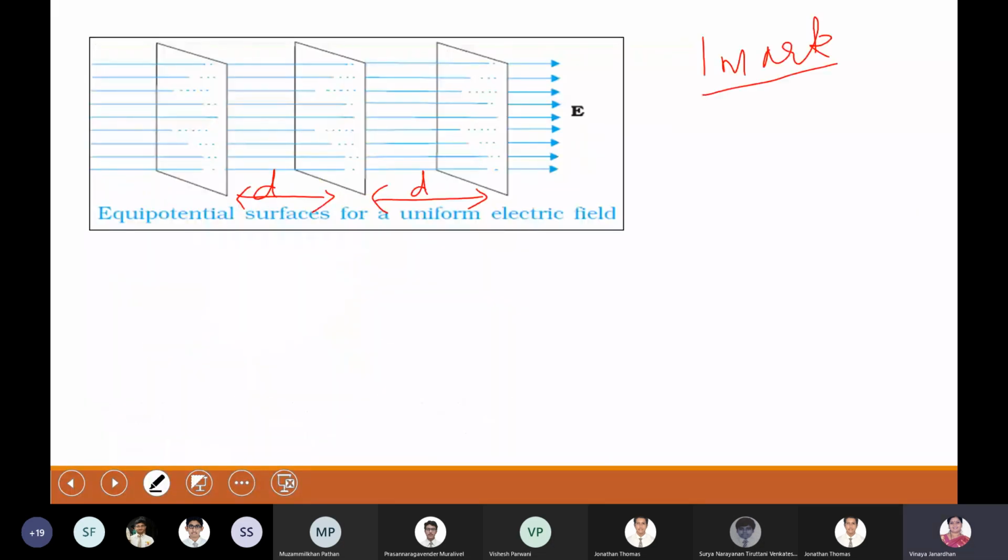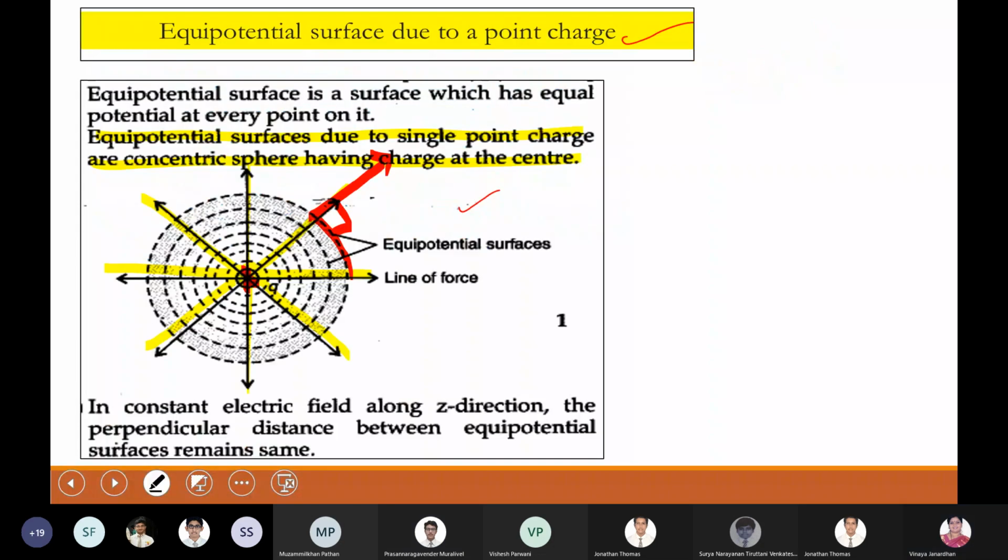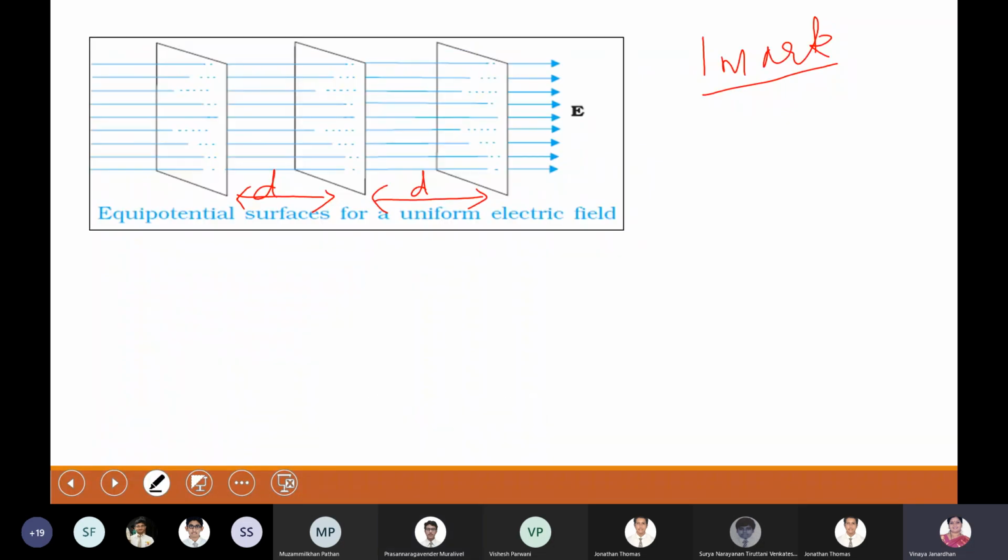This is equipotential surfaces for a uniform electric field. Ma'am, can you show the previous line? Can I complete this? Because it's taking so much time. Yes, ma'am. Equipotential surfaces for the uniform electric field.